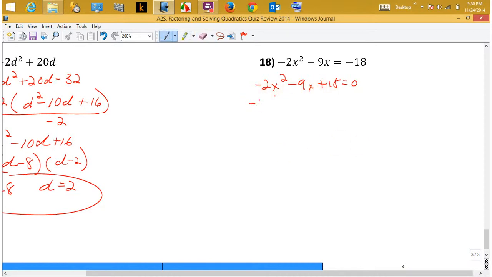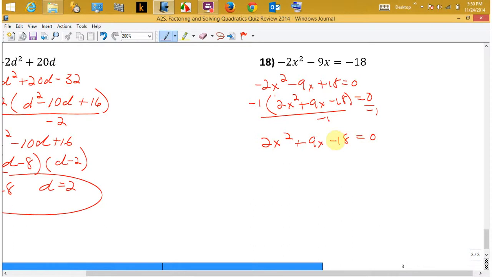That would give me 2x squared plus 9x minus 18 equal to 0. Now I'm going to divide the negative 1 out of there. And what I'm actually solving is 2x squared plus 9x minus 18 equal to 0.